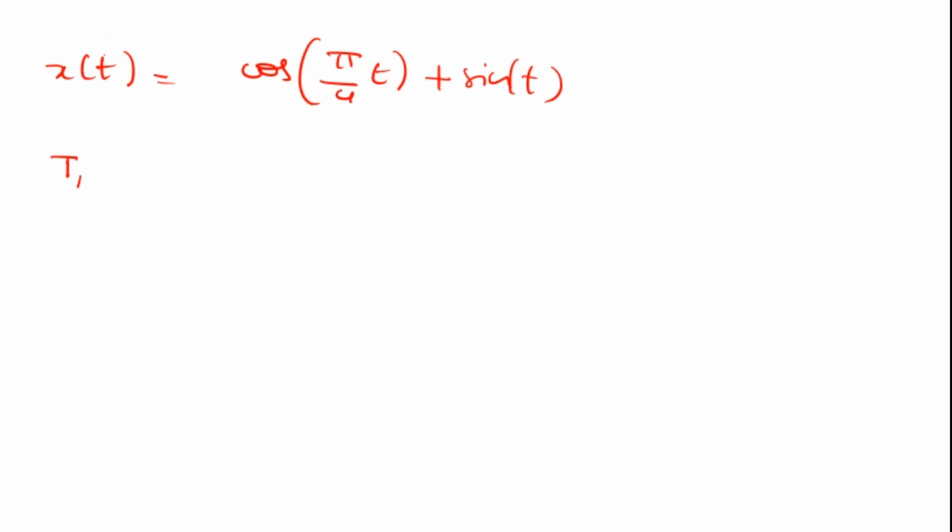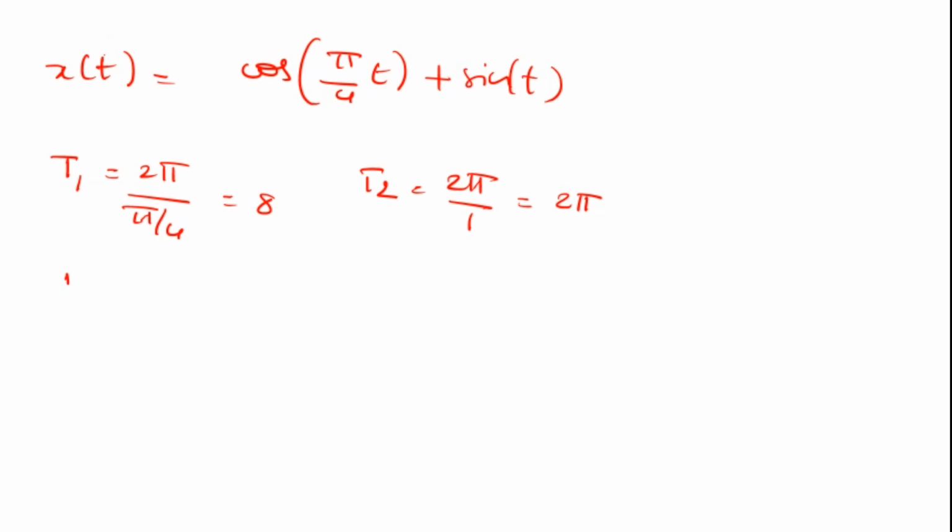Next problem, x of t is equal to cos of pi by 4 t plus sin t. T1 is equal to 2 pi divided by pi by 4, which is equal to 8, and T2 is equal to 2 pi divided by 1, which is equal to 2 pi.